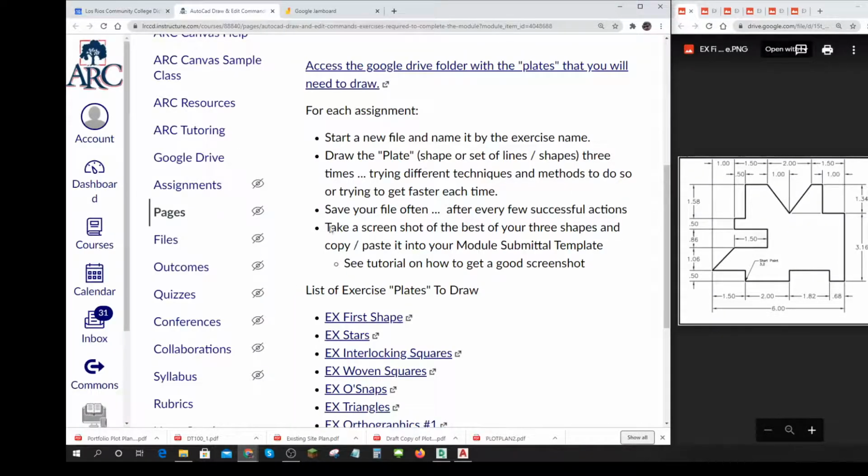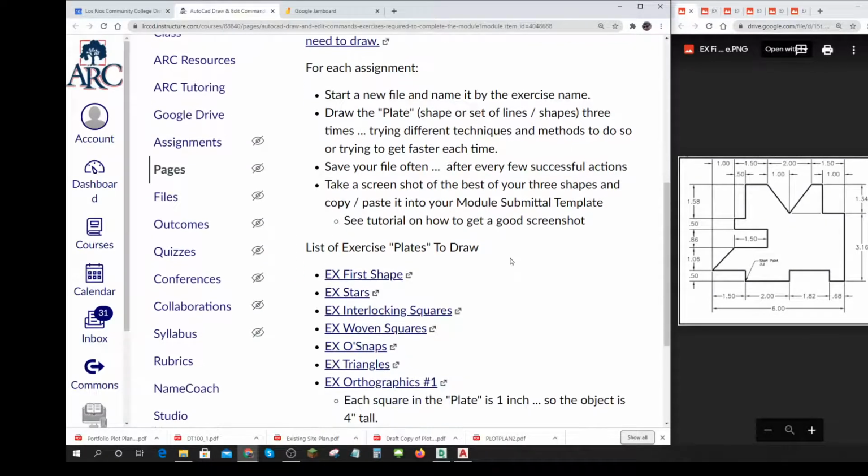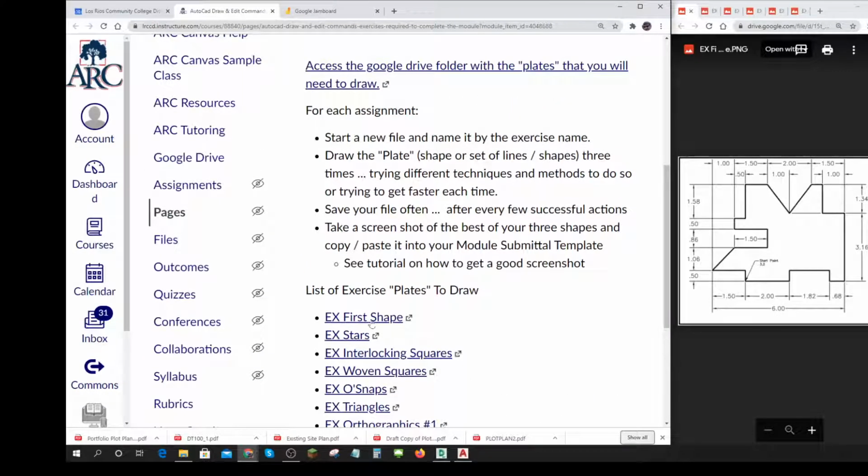And so here's what you've been asked to draw so far. First shape, stars, interlocking squares, woven squares, O-snaps, and triangles. If you were to go back and do those all again, each one, if it took you 20 or 30 minutes, should take you about half that time.